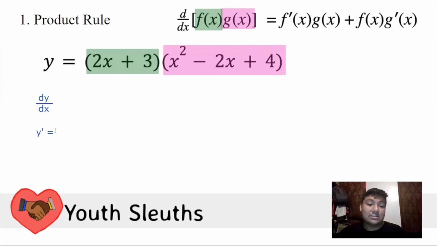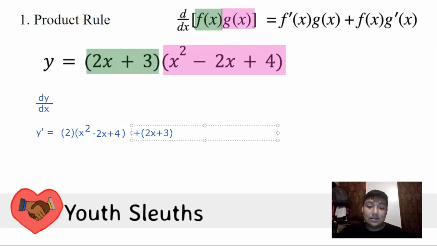Okay, so now we'll solve it together. So the first thing we derive is 2x plus 3, which would be 2. And then we multiply x squared minus 2x plus 4, because this stays the same. Now we add. Now 2x plus 3 remains the same.